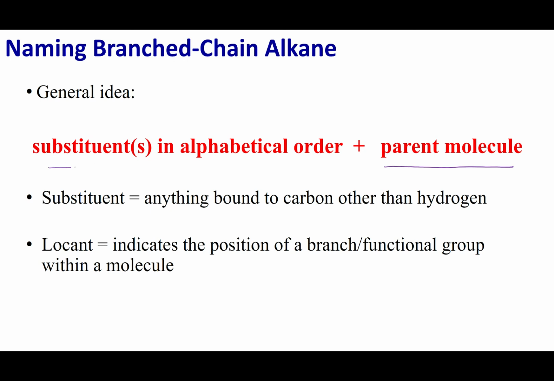Then you figure out what the substituents are on that parent molecule. A substituent is that side chain or branching off portion of the molecule. It is something other than hydrogen that is attached to that parent molecule. Once you've identified the substituents, you have to tell me where it is, or the locant of where that substituent resides.